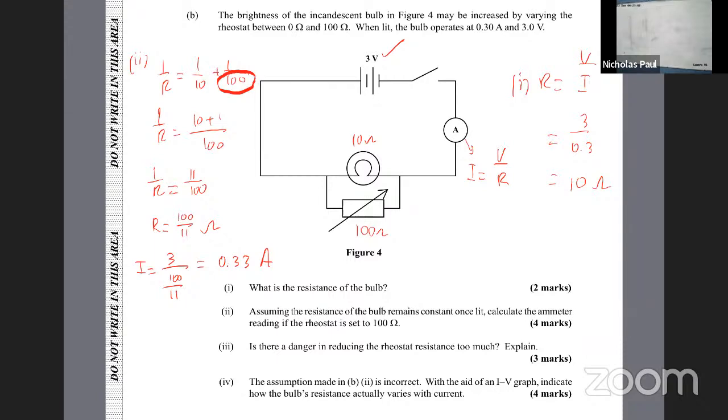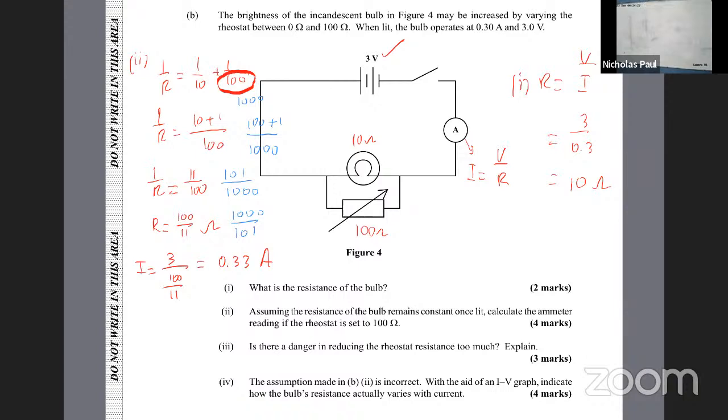Let's say this value went up to 1,000. You'll get 1,000 underneath here, 100 plus 1, so 101 over 1,000, or 1,000 over 101.